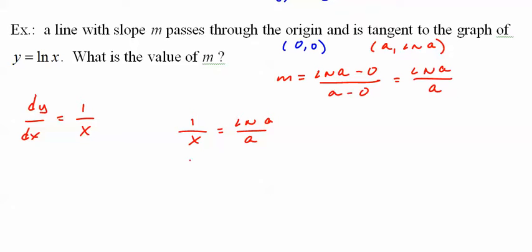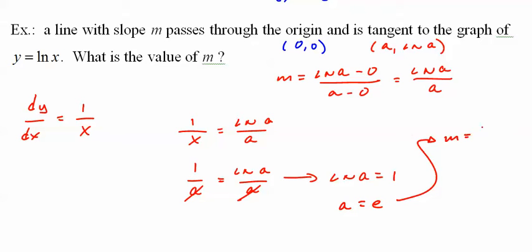So that's x. 1 over a equals natural log of a over a, so natural log of a equals 1. a equals e. Want to say e to the first, we can do that. Therefore, what's the slope?